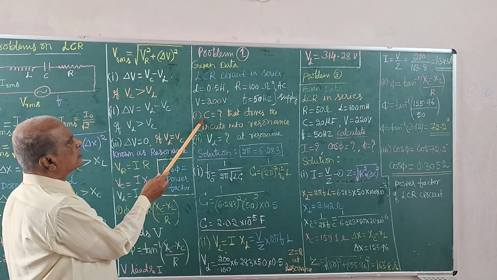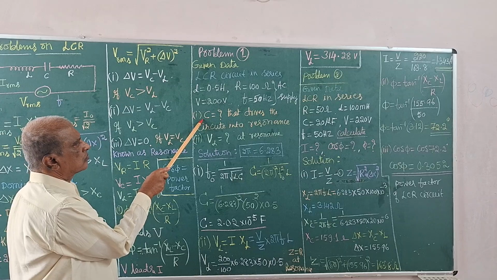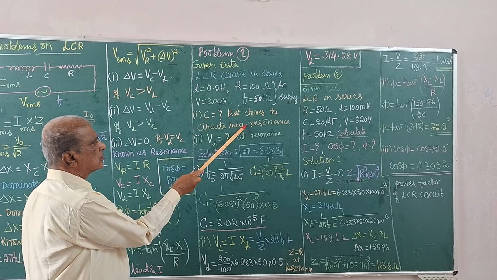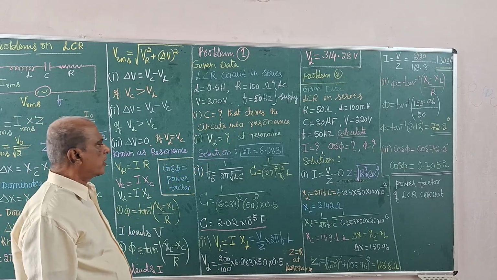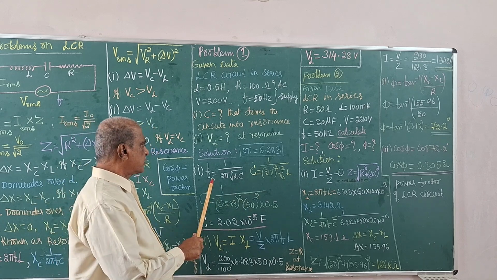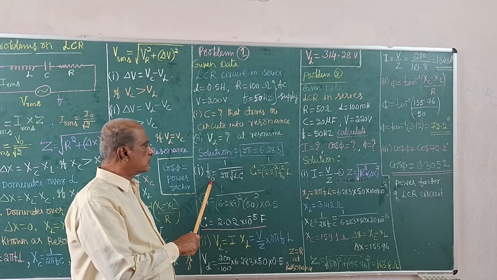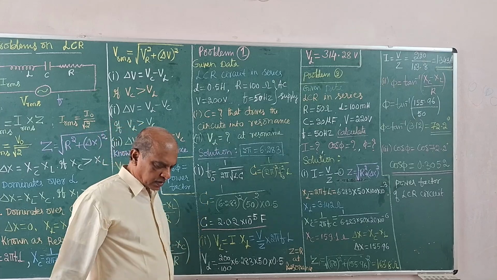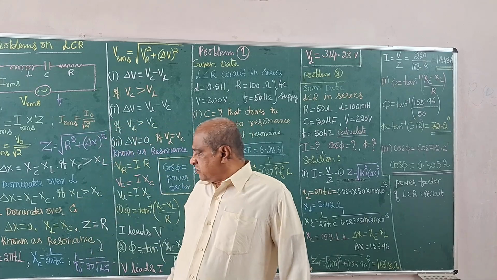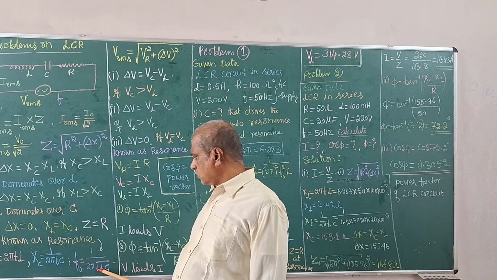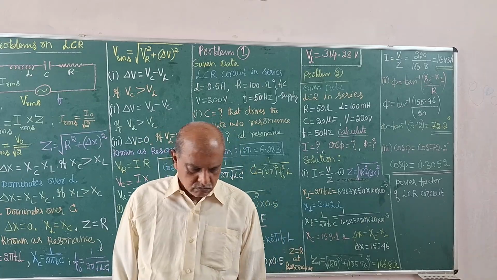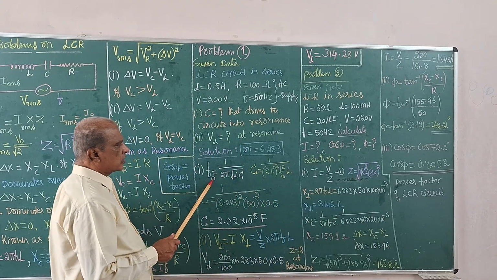For the calculation of C to bring the circuit into resonance, the suitable equation is the equation of resonance frequency, which I have selected from the list of formulae. F naught equals 1 divided by 2 pi root LC.